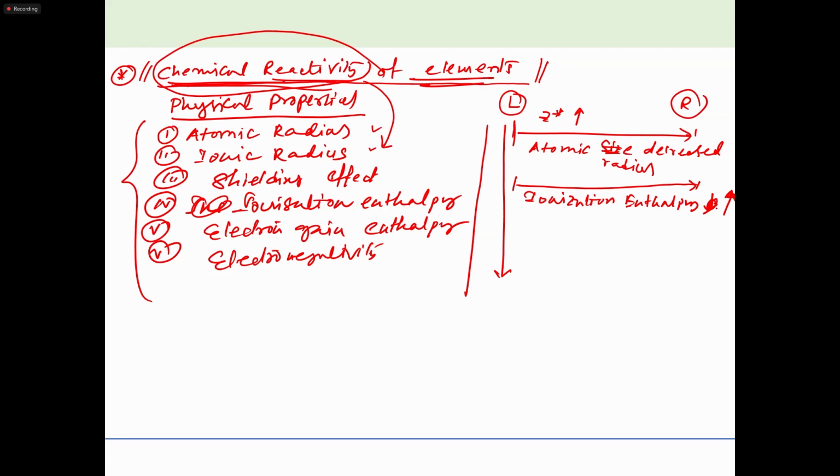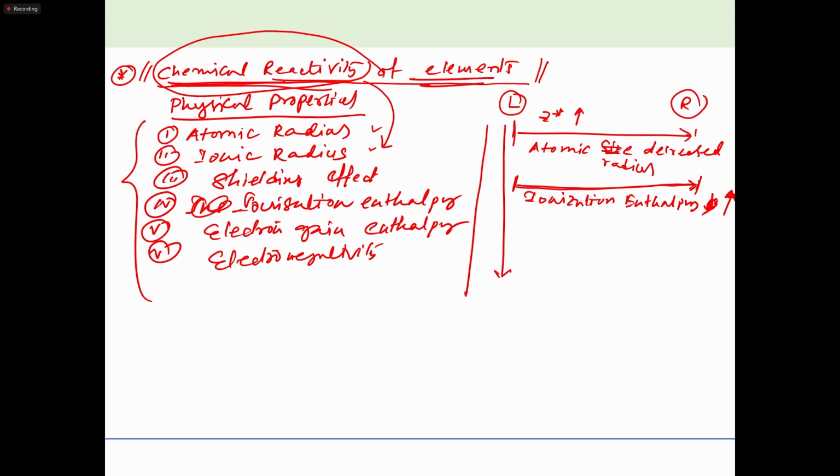That's why the ionization enthalpy increases. I already taught these physical properties in the previous lectures. Here I am just correlating how the chemical properties and the physical properties are related.